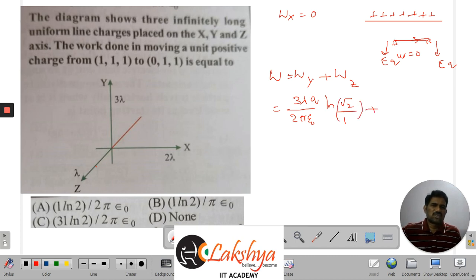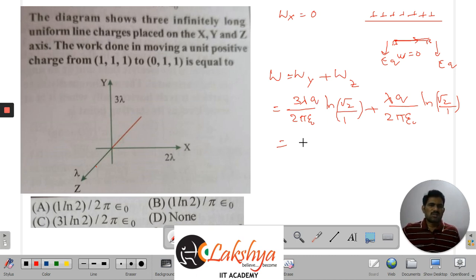Similarly, due to this z-axis it will be lambda into q by 2 pi epsilon naught into the same ln value, ln root 2 by 1, because the distances will be the same here also. This charge is given as work done in moving a unit positive charge.